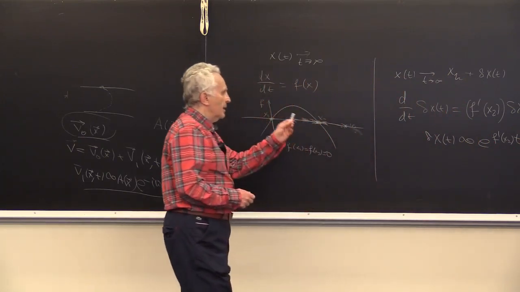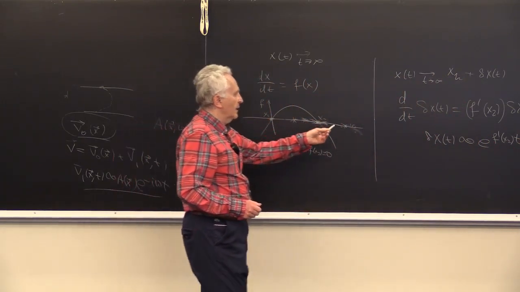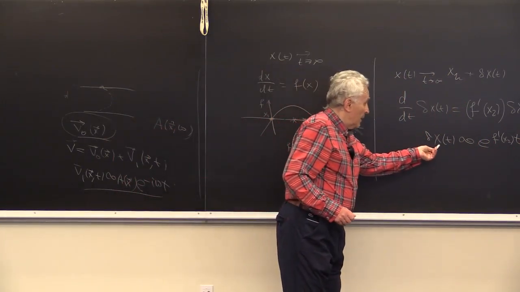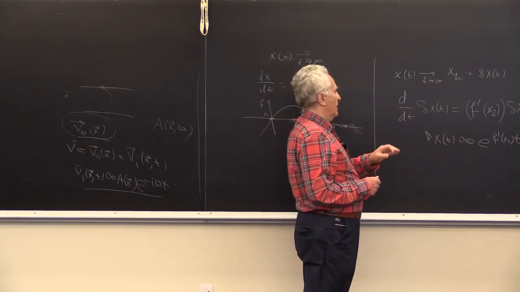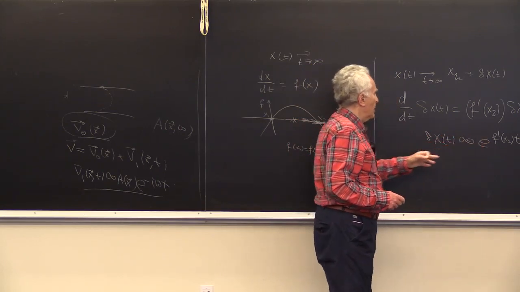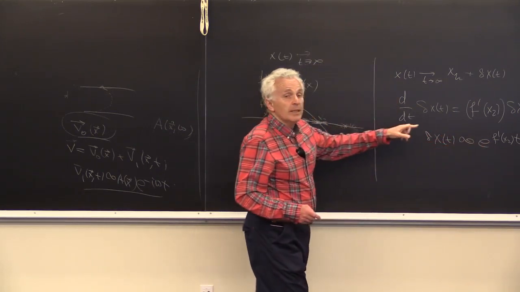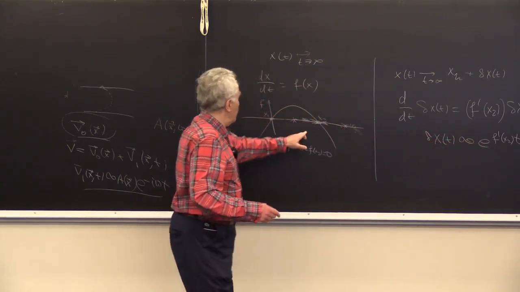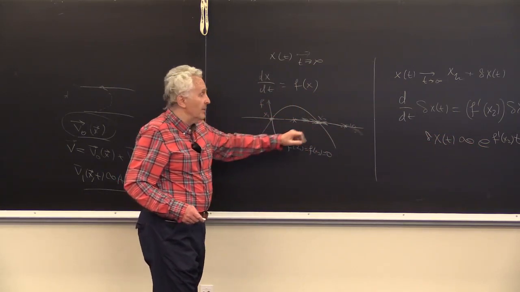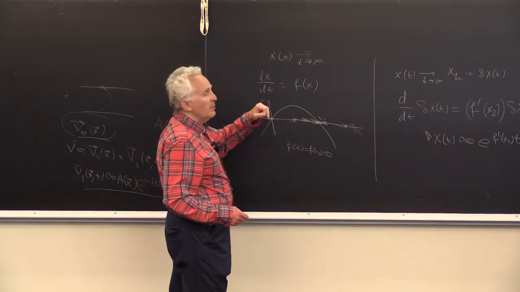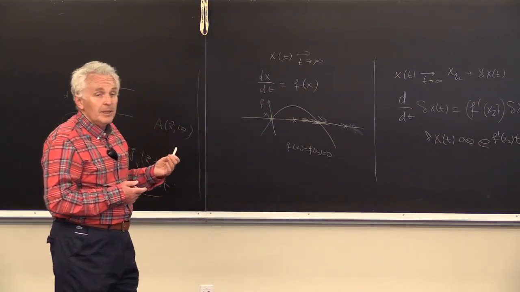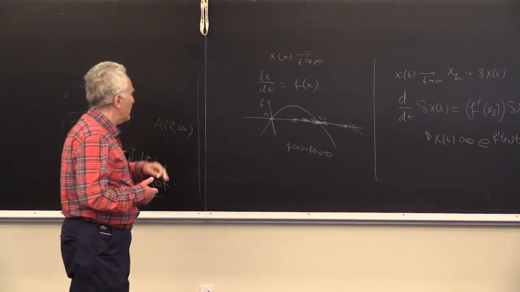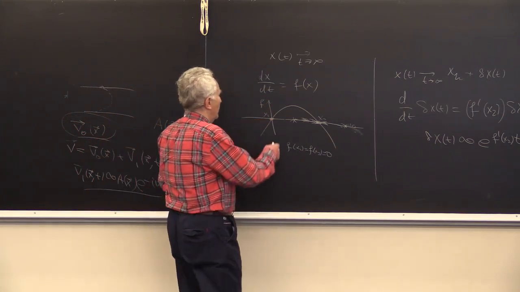The stability, or the fact that this small perturbation becomes smaller and smaller, is guaranteed because f prime is less than 0. You see that f prime is less than 0. And that's the reason why x2 and x1 have very different behavior. x1 is not stable at all.